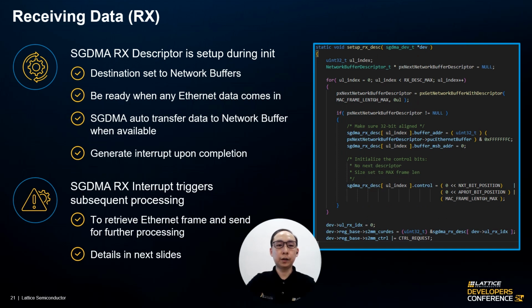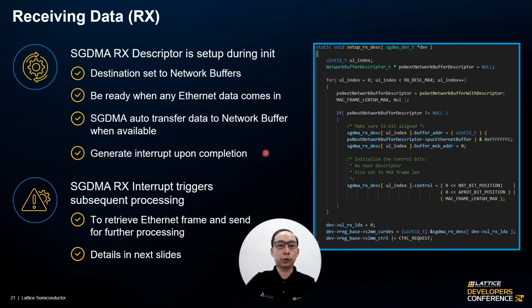For receiving Ethernet data, the SGDMA RX descriptor needs to be set up during the initialization. The DMA destination is set to the network buffers that have been allocated, so that the DMA is ready whenever any Ethernet data comes in. Then the DMA will automatically transfer the data to the appointed network buffers.